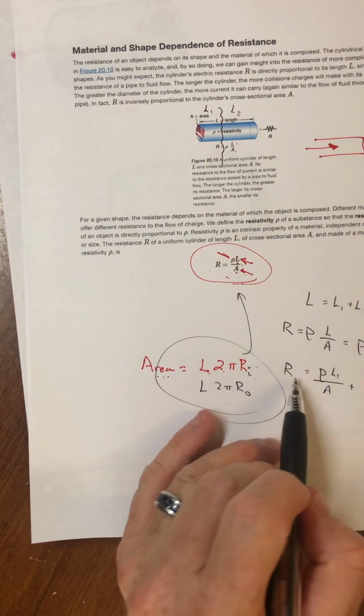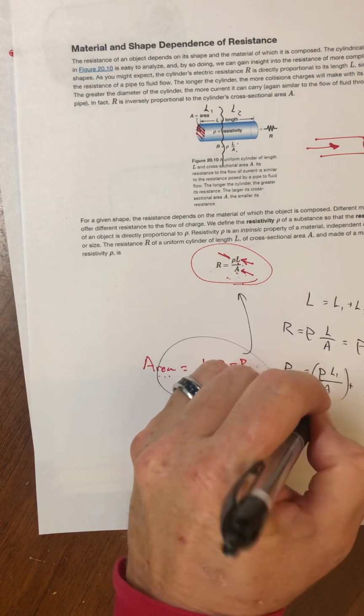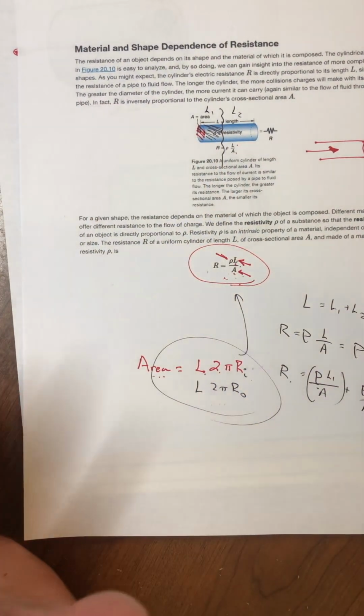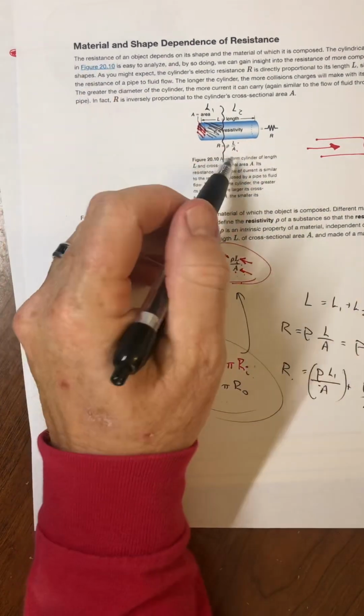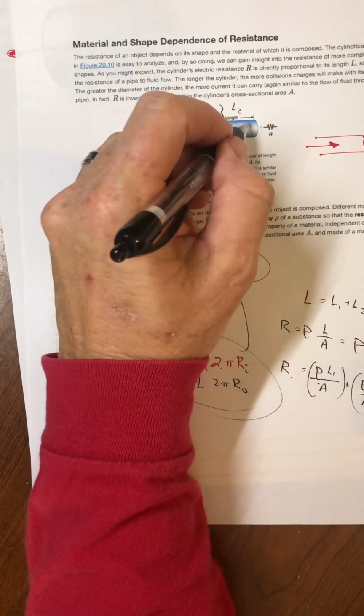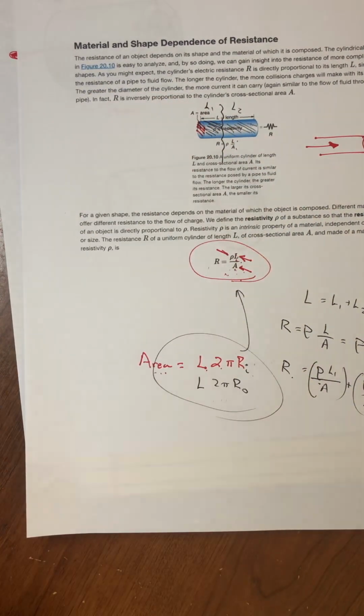Well, the first piece is the resistance of the first part of it. Maybe not half, I just cut it in two, or not necessarily in half. And the other piece is the resistance there.